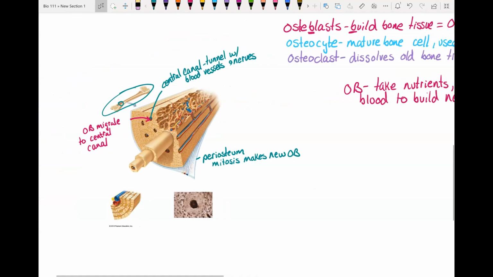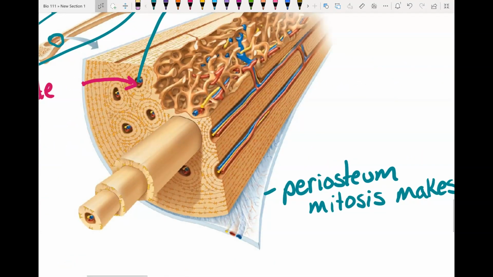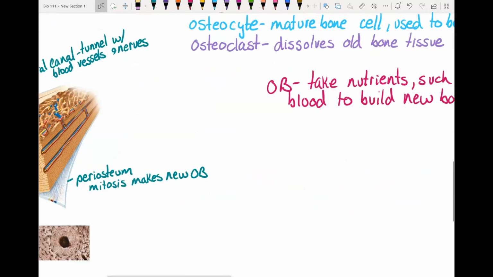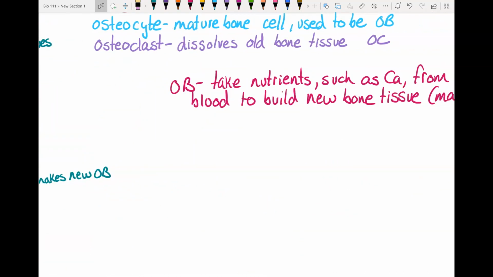So in our picture, where you have these central canals, see these little kind of yellow dots? Those are your osteocytes. And right here around the central canal is where you have osteoblasts making new bone tissue. Once they finish making that bone tissue, that's when they mature into an osteocyte.